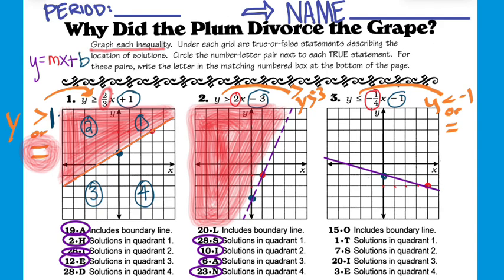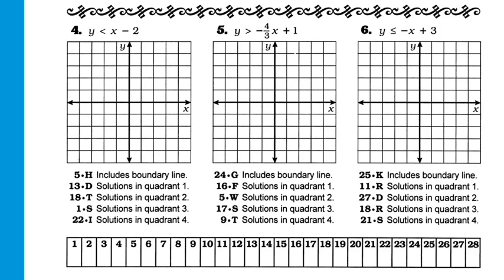And then it can be less than or equal to -1, so it can be -1 or anything less than -1. And when I look at what it could be down here, of course, it could be on the boundary line, and the answers are in quadrant 3 and 4. I think there actually is one in quadrant 2 as well.